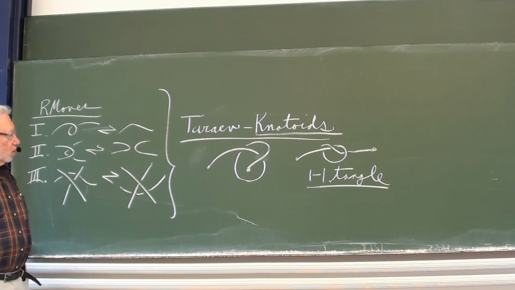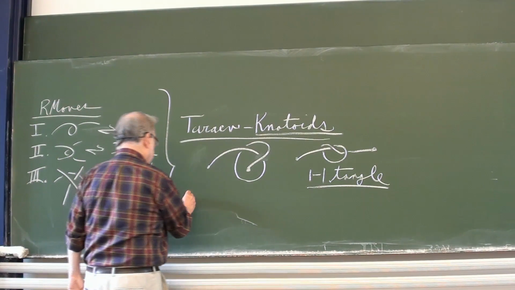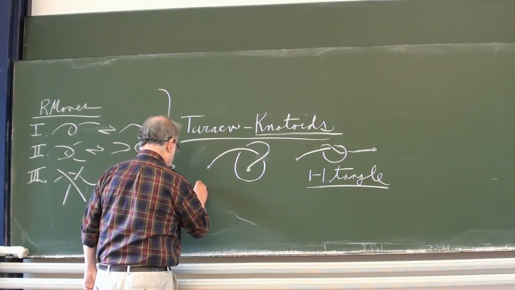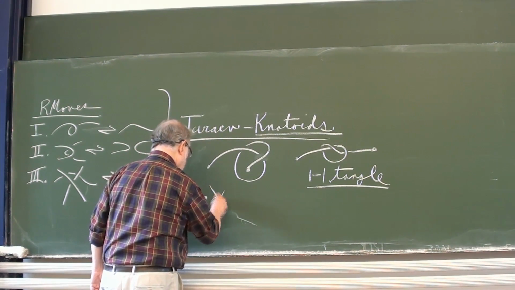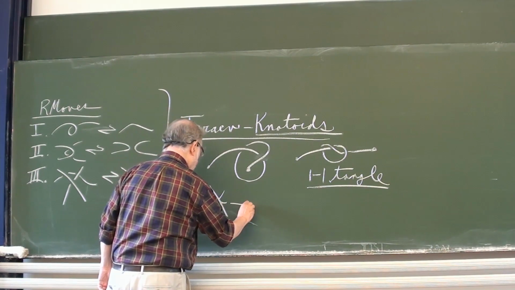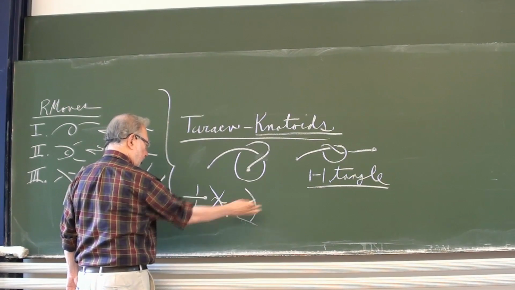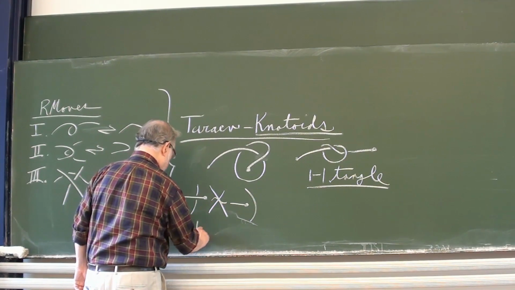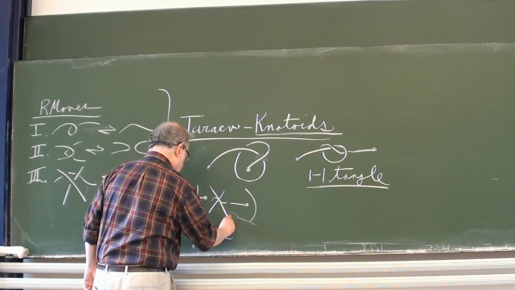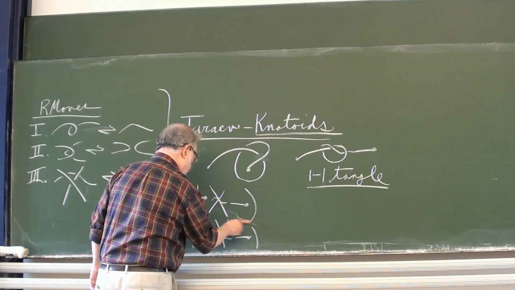Now, what's the rule? The rule is Reidemeister moves are allowed, and something is forbidden, and what's forbidden is something like that. It is not allowed to slide an arc under the endpoint, or over the endpoint for that matter, so we might as well catalog the two kinds of forbidden operations.